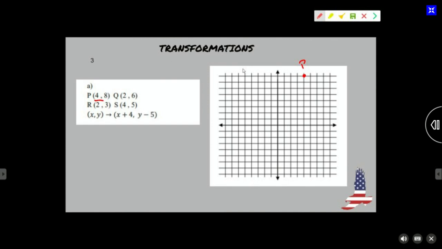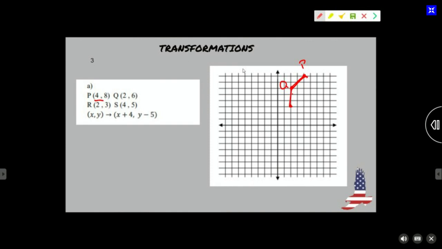You've got to plot your pre-image first. All right, and then (2, 6). Right 2, 1, 2, 3, 4, 5, 6. There's Q. Then (2, 3): right 2, up 3.